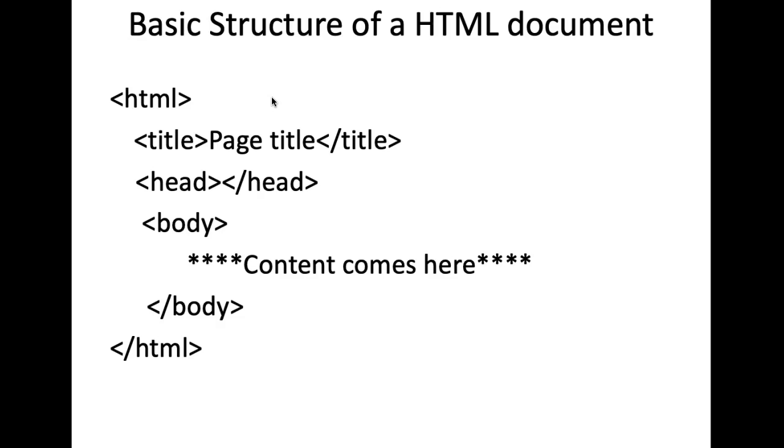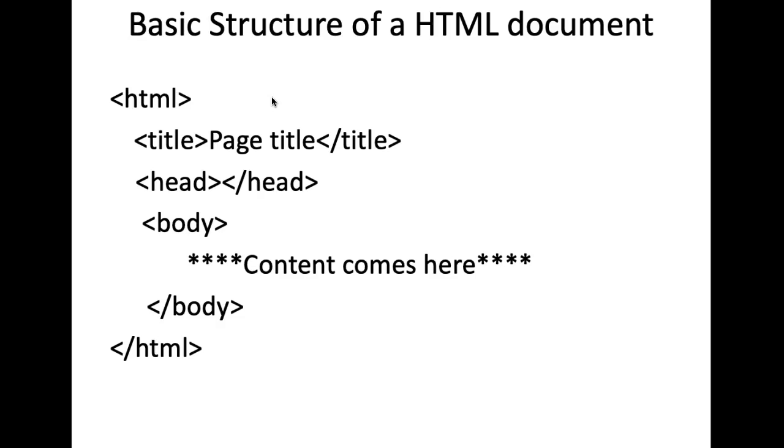So this is an example of a basic structure of an HTML document. We have an HTML tag that's closed at the end of the document, and that tag encompasses everything in a web page. So from a bigger sense, you're getting a feel now that we're communicating with the browser that everything inside opening and closing tags are defined as that.